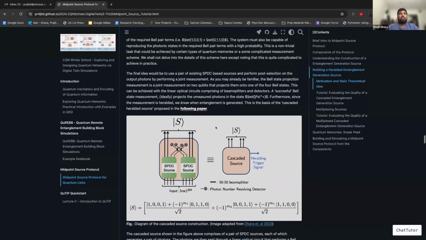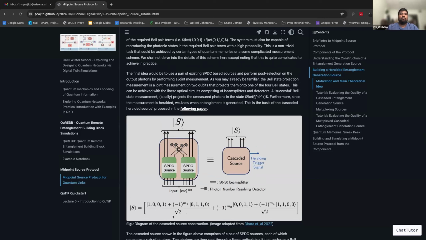Specifically, if you take the state written previously and you do the linear optical Bell state measurement on the input modes over here, the outer undetected modes are projected onto a state which I mark as S over here.